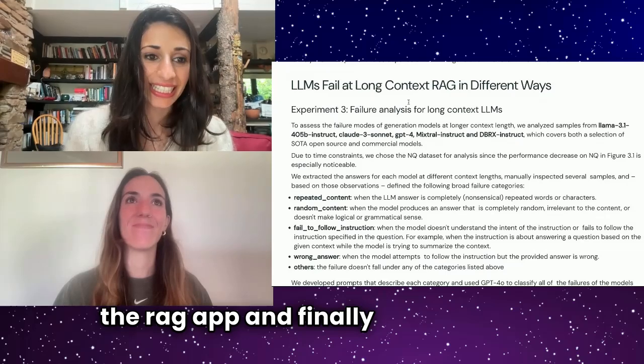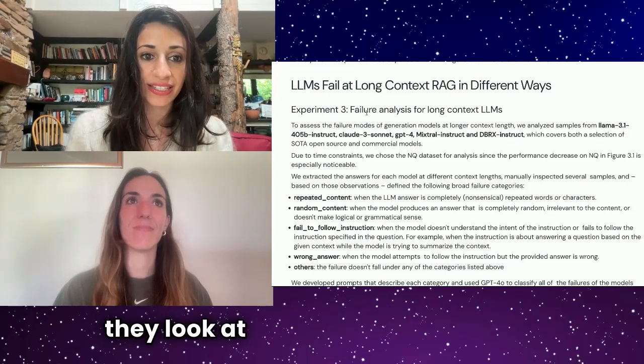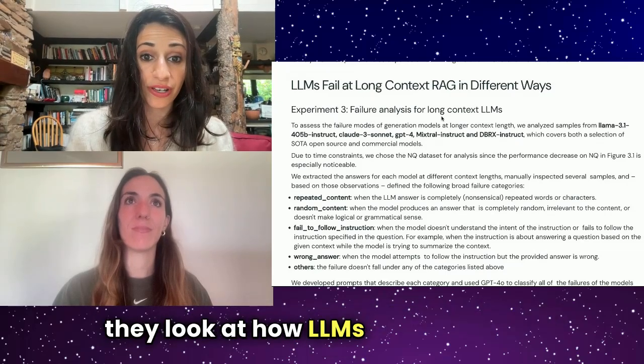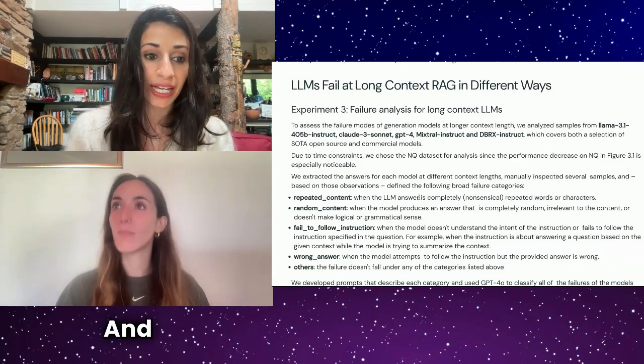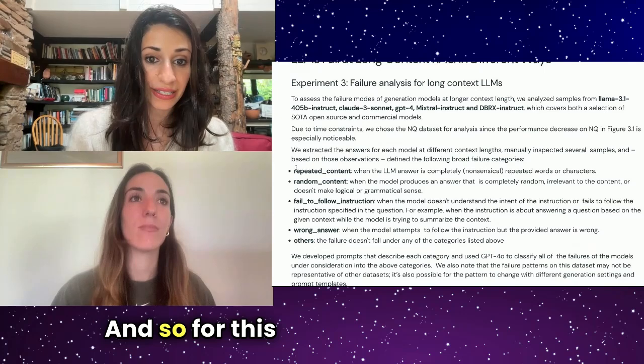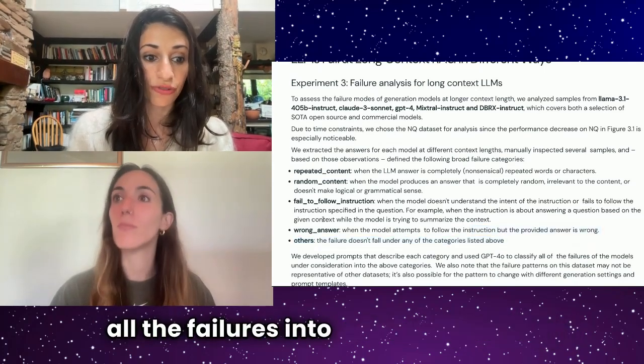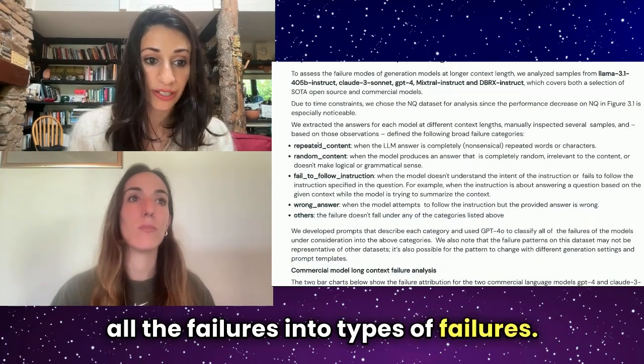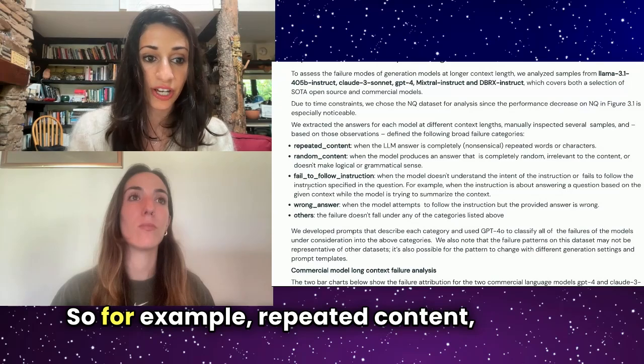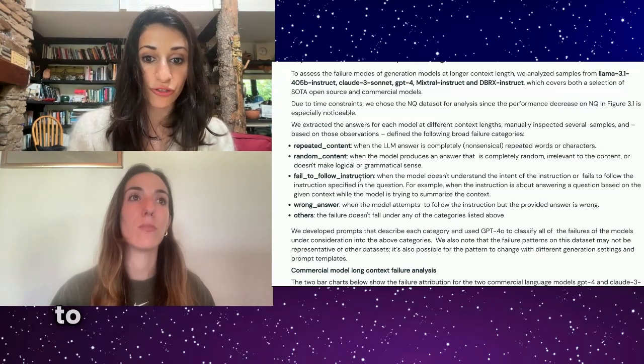And finally, that's the one where they look at how LLMs fail and when. And so for this, they are categorizing all the failures into types of failures. So for example, repeated content, random content, fail to follow instructions.